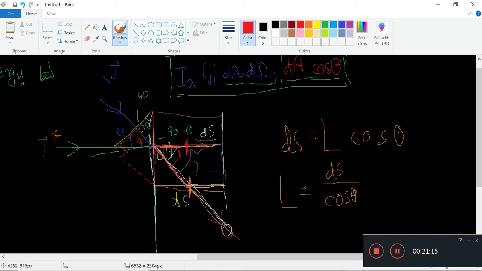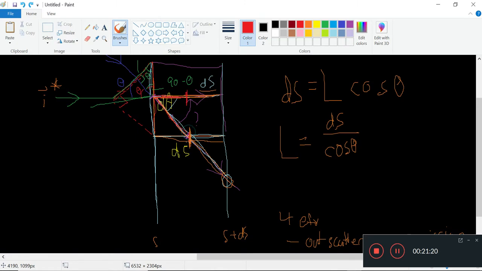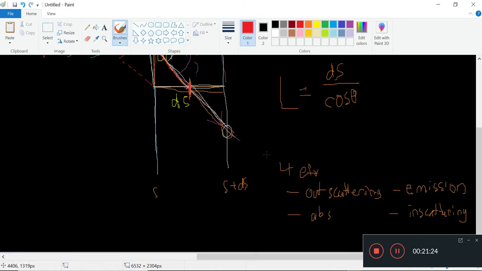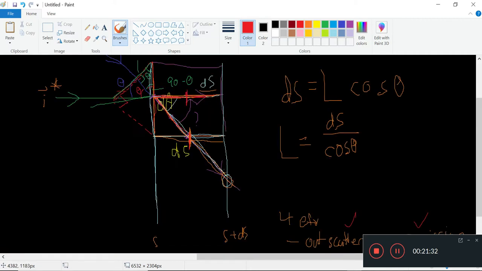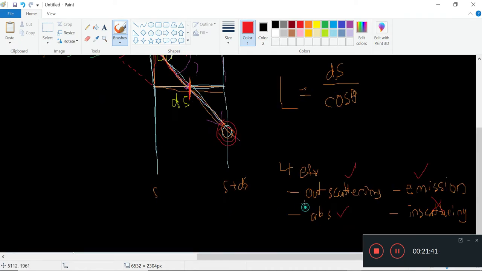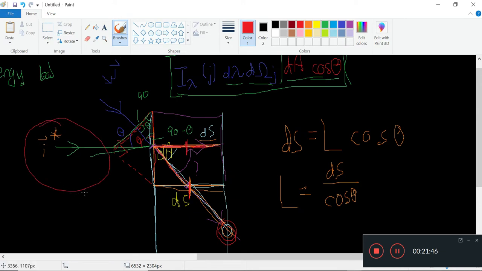But if we don't consider this ray anymore after this point, then from here to here the only effects happening are outscattering, absorption, and emission. There's no more inscattering. So we have to consider that the ray only exits here, so that all four physical effects are happening to the primary ray traveling in direction I.